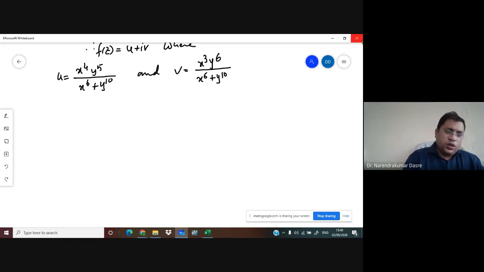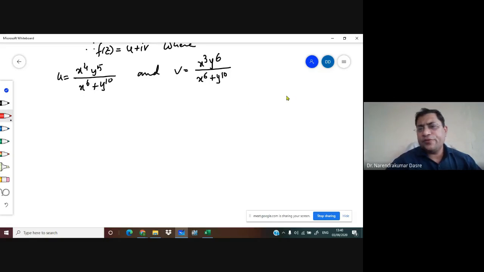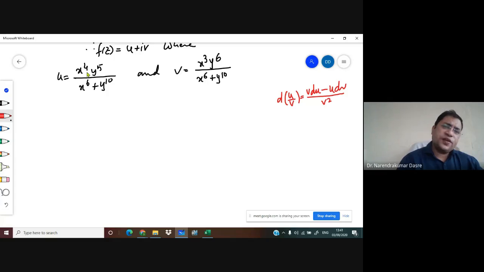This is the first step that we have completed. Now we have to think of finding the derivatives of these terms. What we know for the derivative of u upon v is v as it is, derivative of u, minus u, derivative of v, upon v square. So this is the rule for the derivative of u upon v. Now we use that rule.